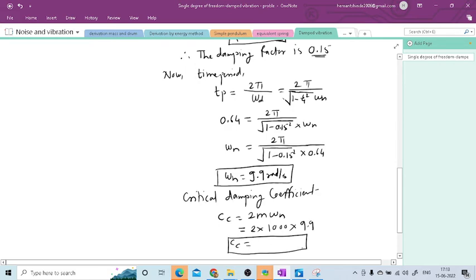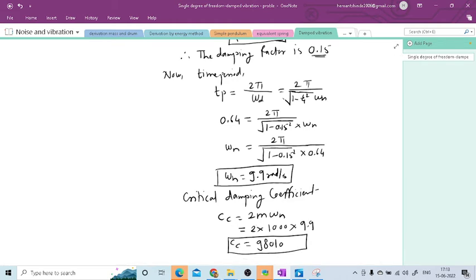Put the value on the calculator and we will get the answer. Sorry, the answer for Cc is 19800.